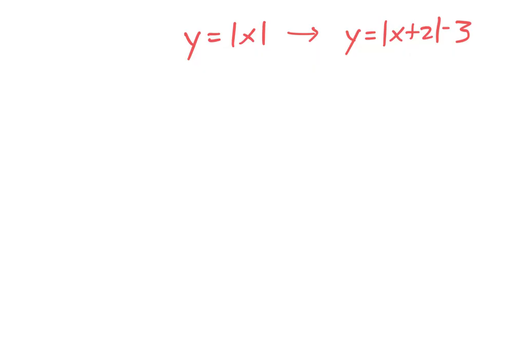What would the +2 in this case do? Jackson? Left 2, okay? It's going to be opposite of whatever's attached to the x, so it's going to go left 2, and then what's the -3 going to do? Down 3, okay? So this is taking my original graph and moving it left 2 and down 3.